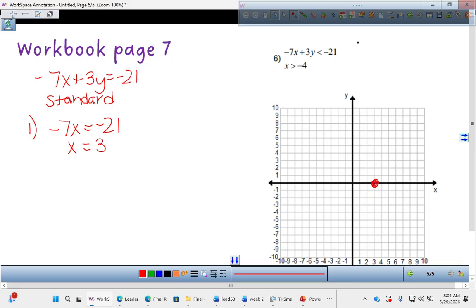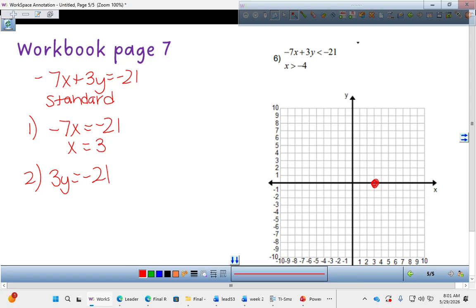Almost every time that a kid screws this one up, it's because they think the x-intercept is negative 7 and the y-intercept is 3. That's not how it works. You have to solve for it. It's not just there for you in the equation like slope-intercept form is, okay? So I'm solving for the x-intercept by solving for x, and then I'm going to solve for y by pretending that the x part's not there.